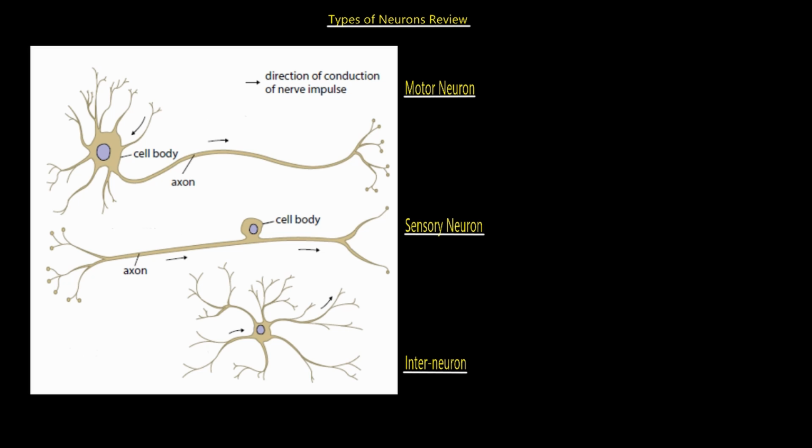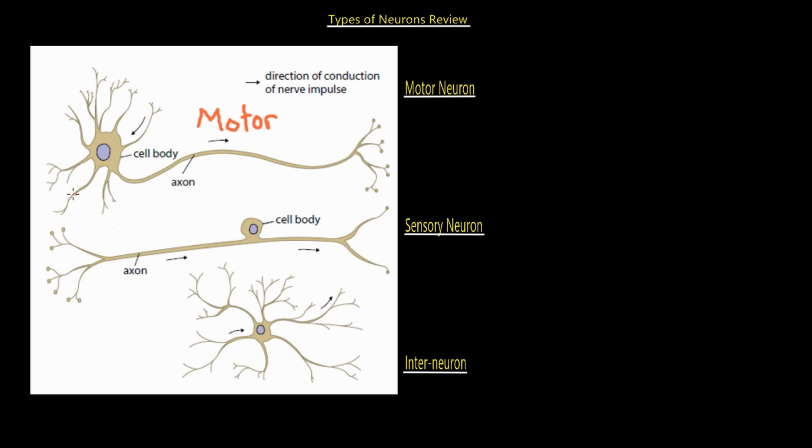So we're going to take a look at the three different structures, the three primary types of neurons. Of course, there's a couple of other subsections, but they all fall into these three categories. We have our motor neuron up at the top here, and you can note how it's shaped.